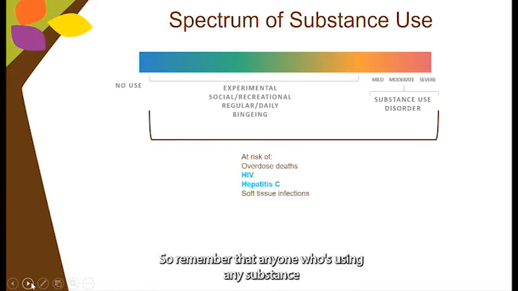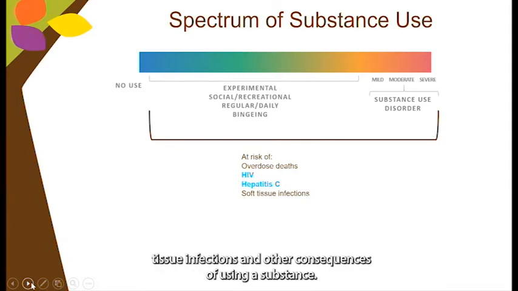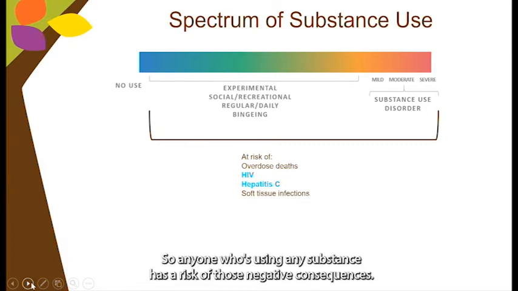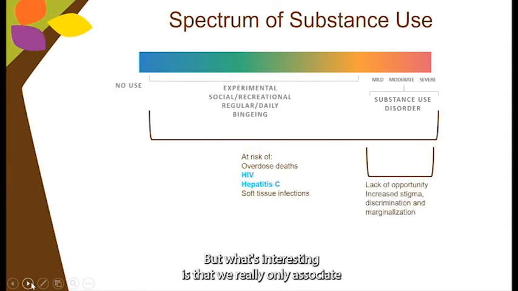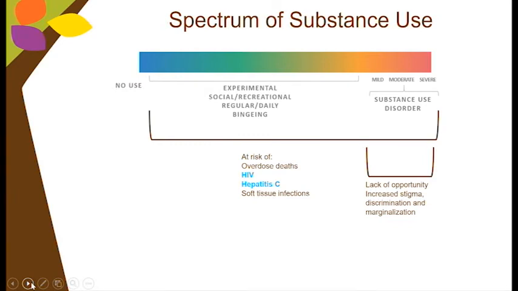So you have to remember that anyone who's using any substance could be at risk of overdose deaths, HIV, Hep C, soft tissue infections, negative consequences of using a substance, right? So anyone who's using any substance has a risk of those negative consequences. But what's interesting is that we really only associate the stigma and discrimination and marginalization with people who have substance use disorders, or who are at least towards that orange range of this chart.